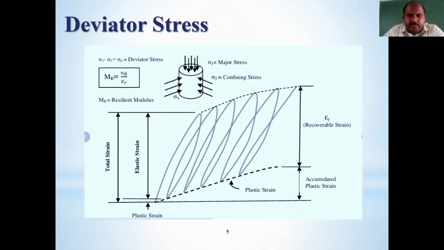If you are testing a pavement, it will contain sigma 1, the major stress, and sigma 3, the confining stress. So finally, the resilient modulus is equal to sigma d, the deviatoric stress, divided by epsilon r.